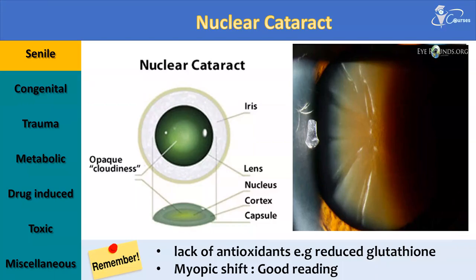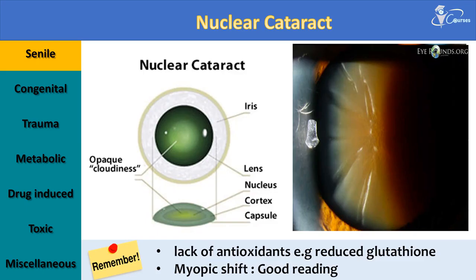The glutathione then comes to the cortex, and the reduced glutathione will be deficient by the time it reaches the center of the nucleus. So the lack of antioxidants as an aging process, and the lack of glutathione and ascorbic acid, is one of the main reasons for nuclear cataract formation.